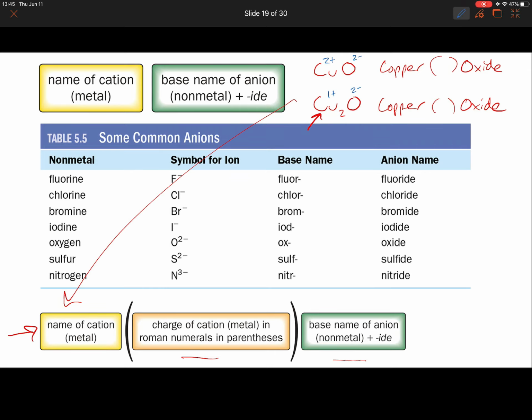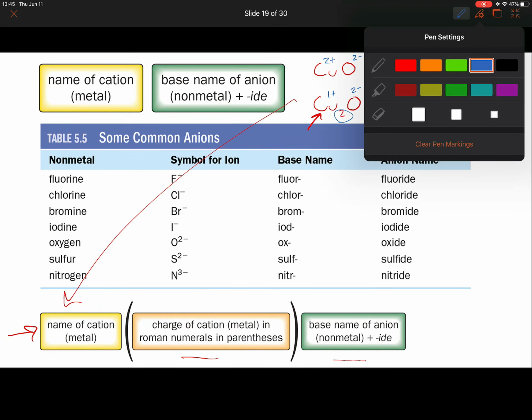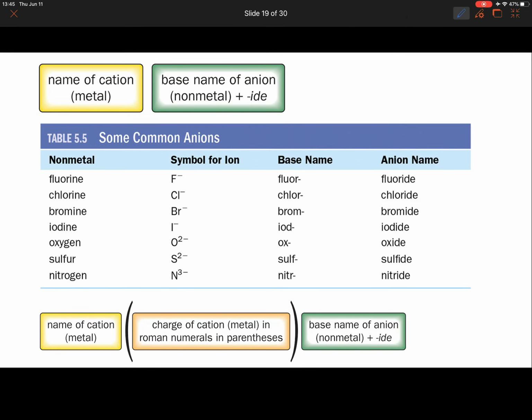So the top is copper 2, and the bottom is copper 1, even though the formula of copper 1 has a 2 in it. This is why it becomes important to know your charges, on top of the fact that we have to pair them up properly when we write them. Now we have to learn how to name them properly.